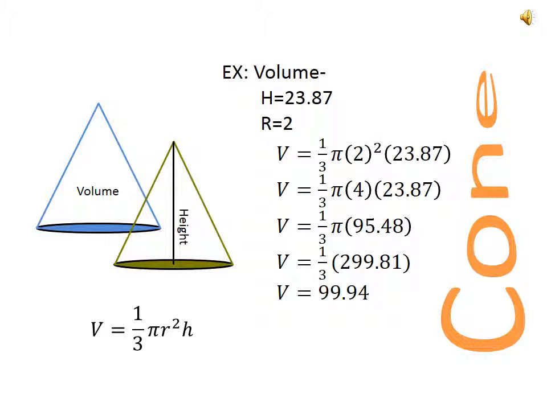So we'd multiply 1/3 times pi times 2 squared times 23.87, which comes to 1/3 times pi times 4 times 23.87, which equals 1/3 times pi times 95.48. Once you multiply 95.48 times pi, you get 1/3 times 299.81. This makes our volume 99.94.